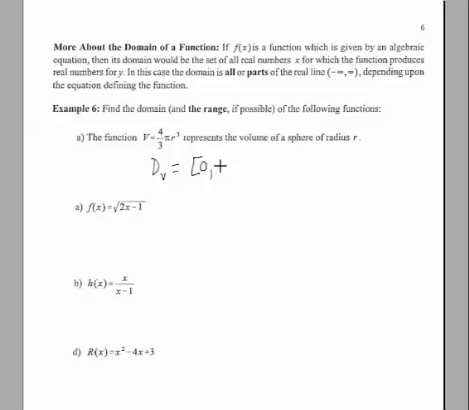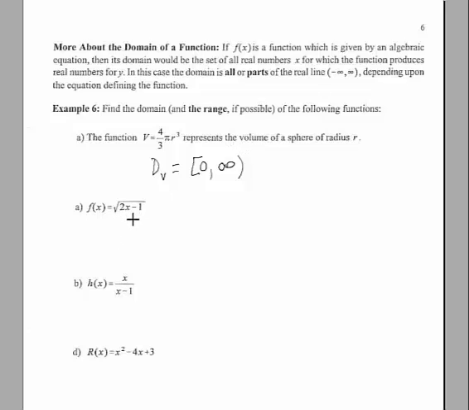I suppose a shape can have a 0 volume, or instead we could put a 0 in for r, a 0 radius, 0 to infinity. We do not want to put negative values in for r, so this would be our domain. So pay attention to formulas that have physical quantities.